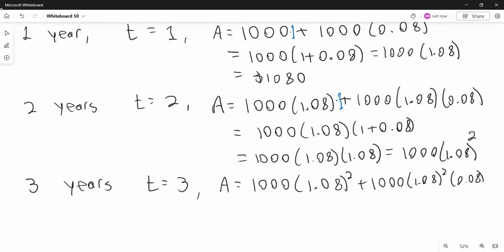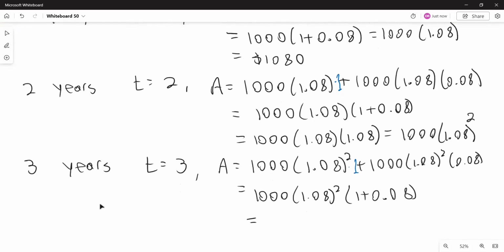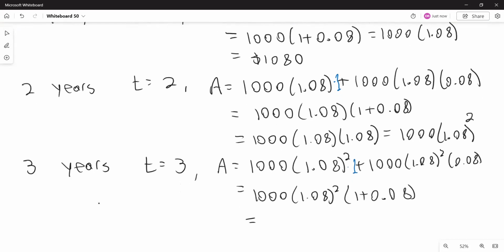So the common factor is 1,000 times 1.08 squared. And then this line multiplying by 1, and this is 1 plus 0.08. But 1 plus 0.08 is 1.08. So that's going to be 1.08 times 1.08. That's going to be 1,000 times 1.08 to the third power.